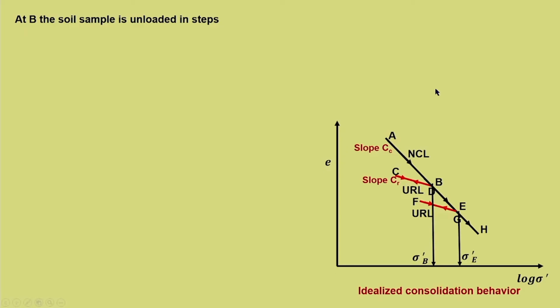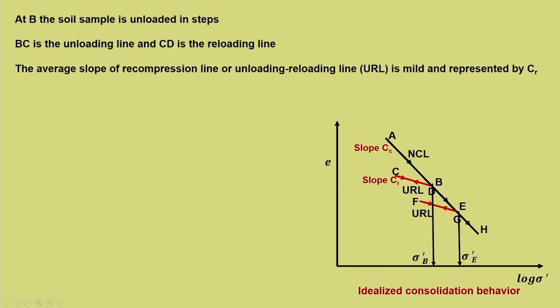Now, let us say that at B, the soil is unloaded and it is unloaded in steps. Now, BC is the unloading line and CD is the reloading line. So, it is an unloading reloading line. The slope of this unloading reloading line, or it is called recompression line, is mild and it is represented by Cr, which is much less than Cc.